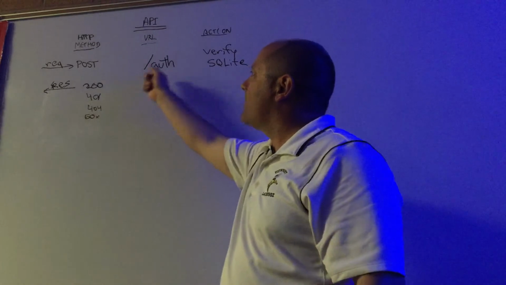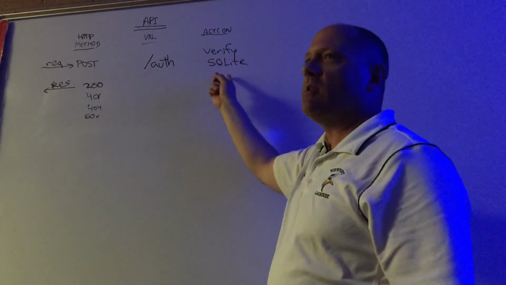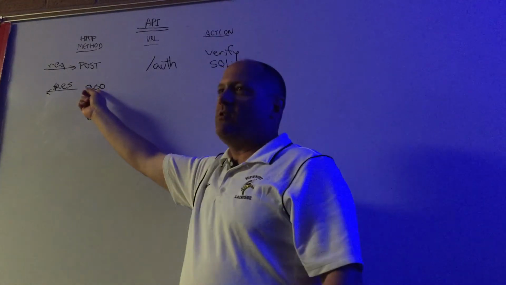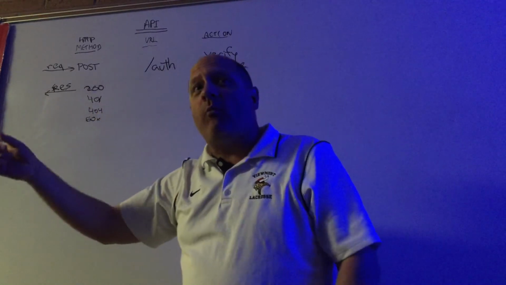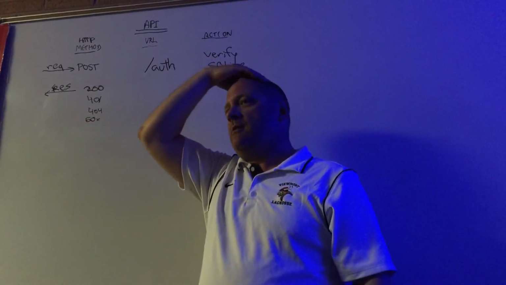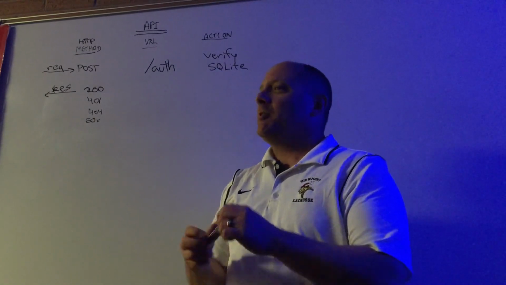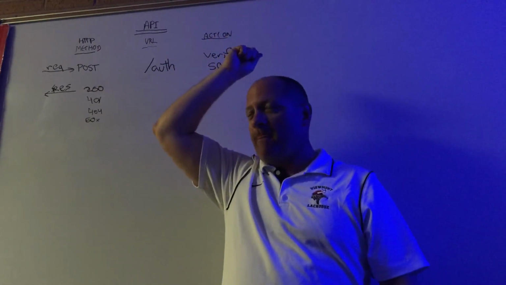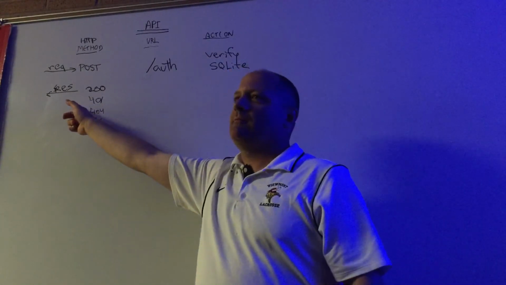If I try to authenticate with someone I don't know about, so I go out to SQLite and come back and say, I don't know who this person is, what would I send? I wouldn't send a 200. You'd send a 404. Now, a lot of web services out there will return a 200. You wouldn't send 401 if you didn't find the person, but if someone sent the right username but the wrong password, then you would do something like that.